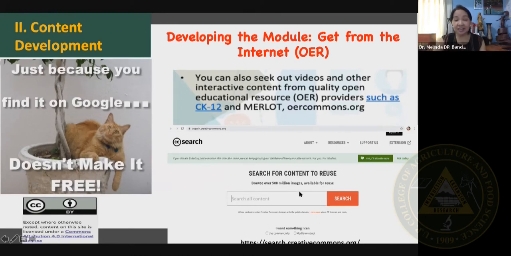Again, since you will be provided with a copy of my presentation, you can look at all these links that I am providing. If you want to search for or get materials from the internet, open educational resources which you can use as lesson input sources for the module that you are developing.